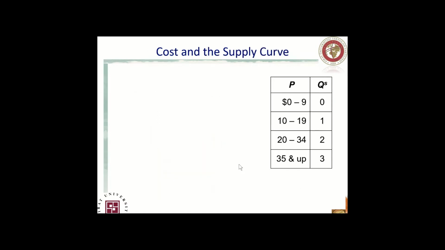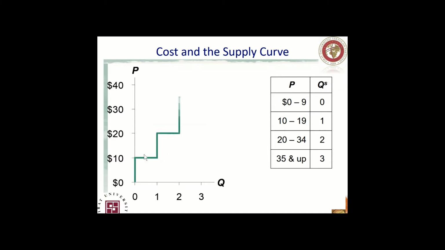We have a staircase very similar to demand, but going upwards, from 0 up, from 1 up, from 2 up, 3 up, which means here quantity. That means the quantity sold by those who are offering their service, right? Initially we have 0 until we reach 10, then we have 1 until we reach 20, then we have 2 until we reach 35, then we have 3, and that's all the sellers in the market.